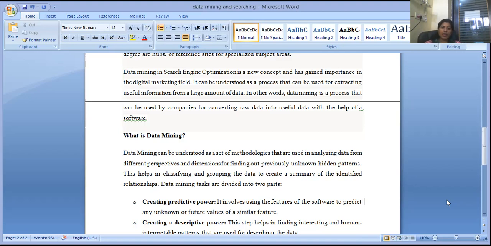This helps in classifying and grouping the data to create summaries and identify relationships. Data of the same type of characteristics is placed in one cluster and data with different characteristics is placed in a second cluster. This is basically the formation of clusters, and it helps make the grouping and the patterns of the data clear.